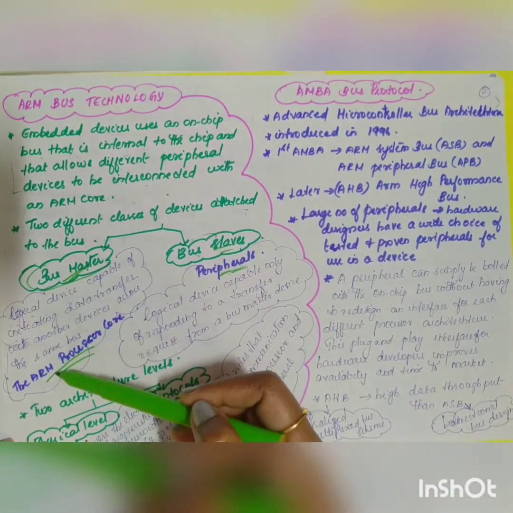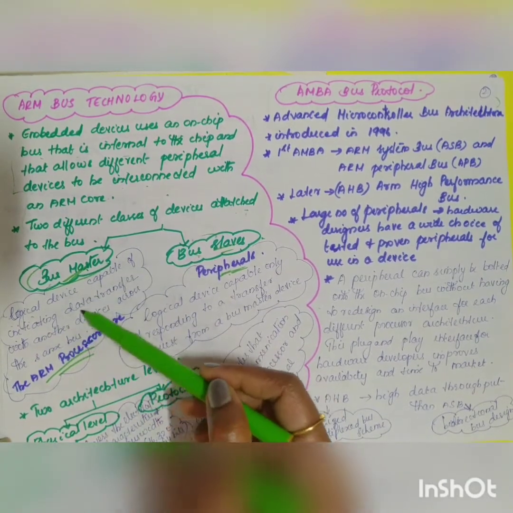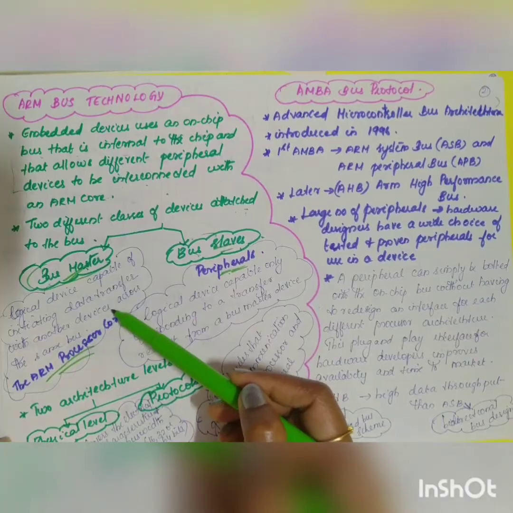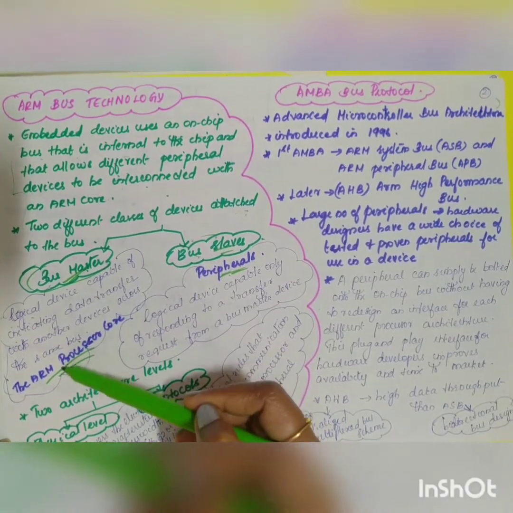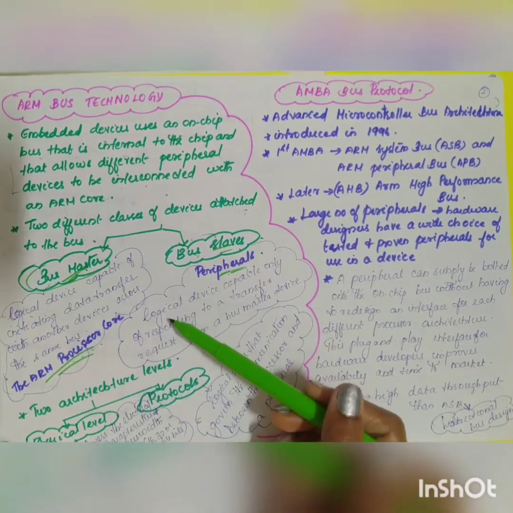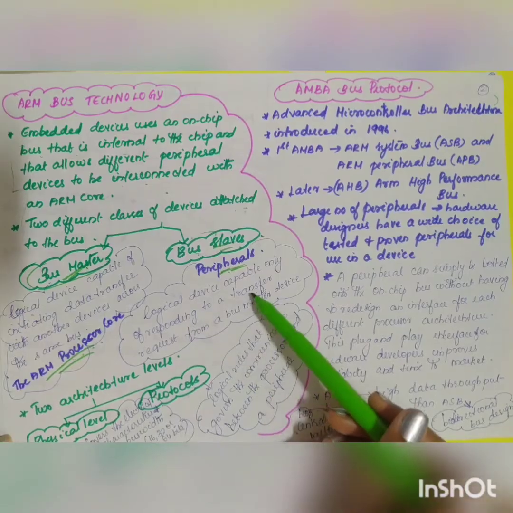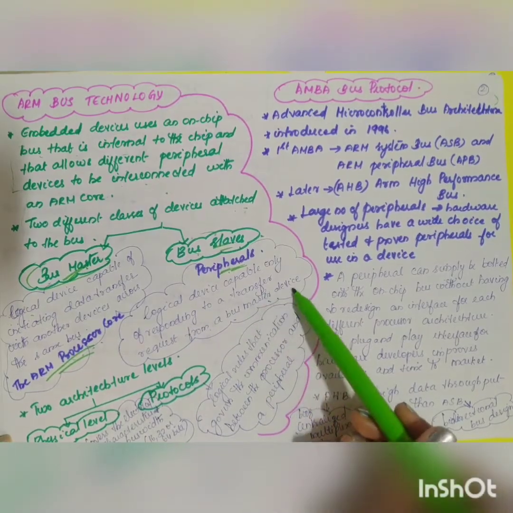The ARM bus master is a logic device capable of initiating data transfer with other devices across the same bus. Usually it is the ARM processor core. Whereas a bus slave is a logical device capable only of responding to transfer requests from a bus master device.